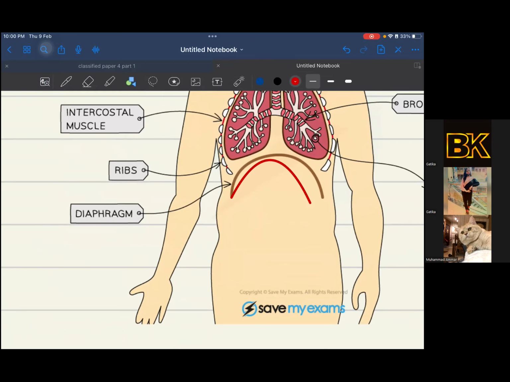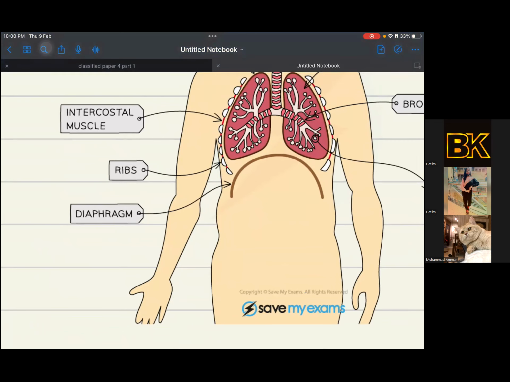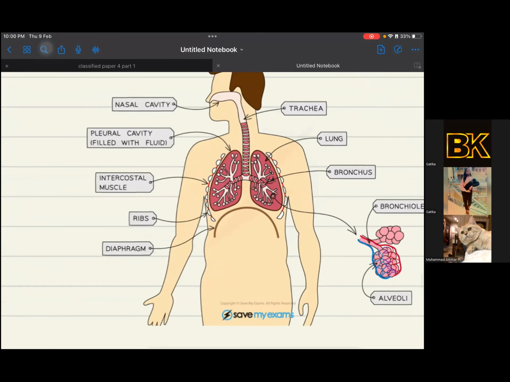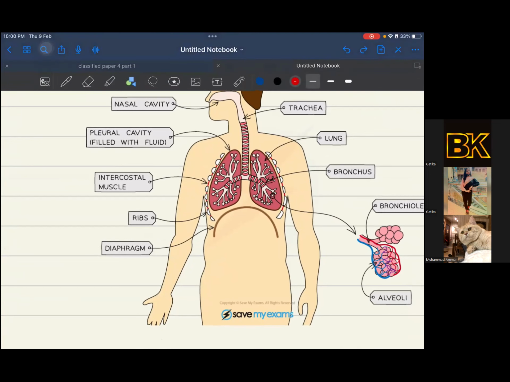Okay, that is a diaphragm. It's just a thin sheet of muscle. And what is the purpose of having it? It separates the chest cavity. The top one is the chest cavity, and the down one is the abdomen, right? So the purpose of this diaphragm is to separate this chest cavity and the abdomen. Okay?